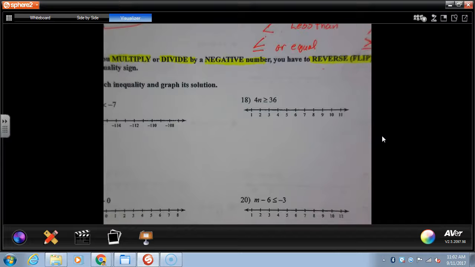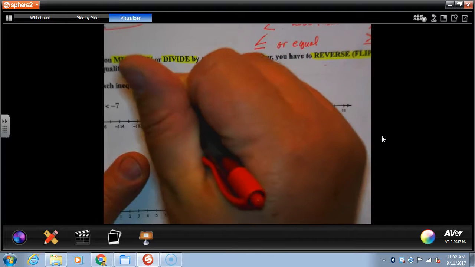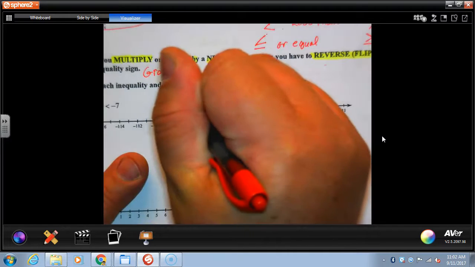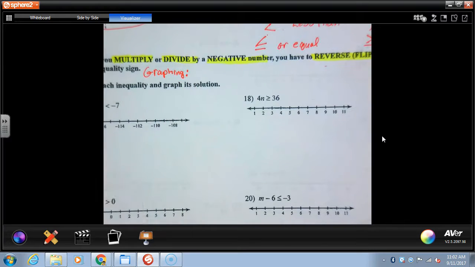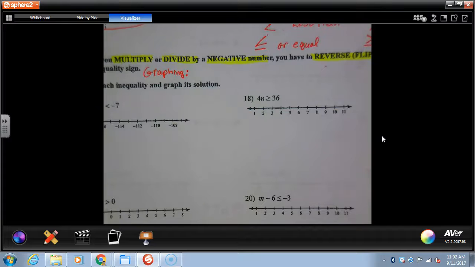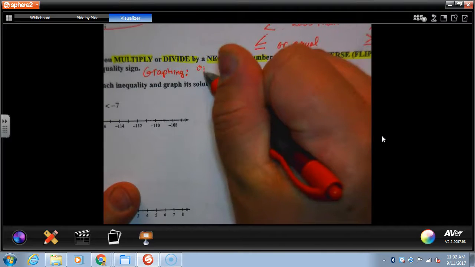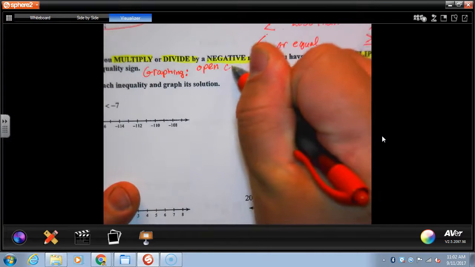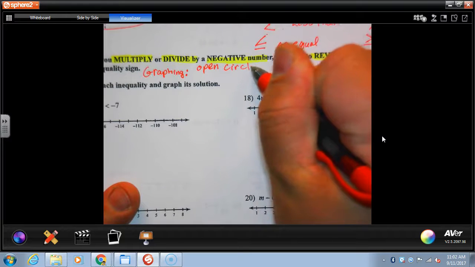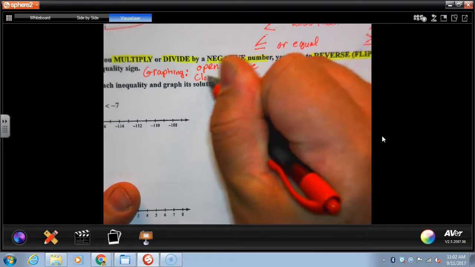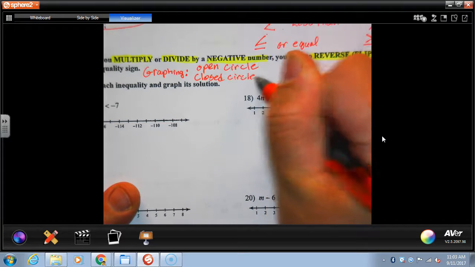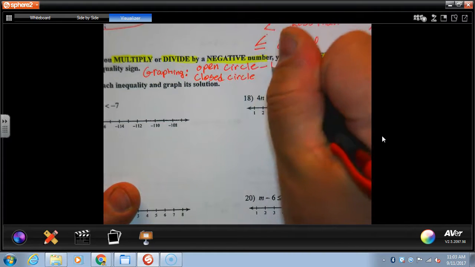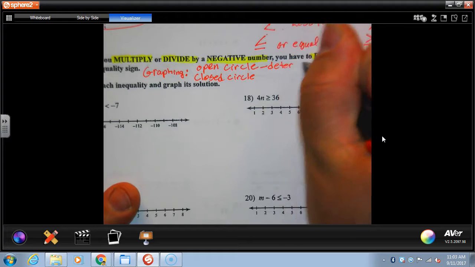Now, when we're graphing, we can either have an open circle or a closed circle at that number. Well, it's determined by the sign.